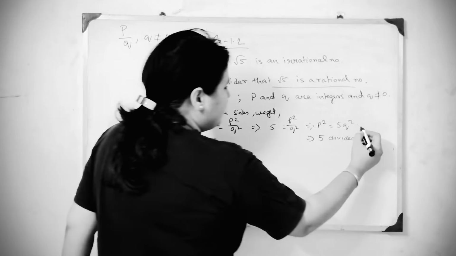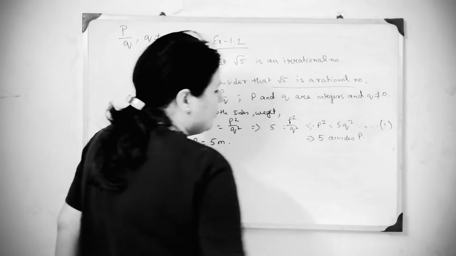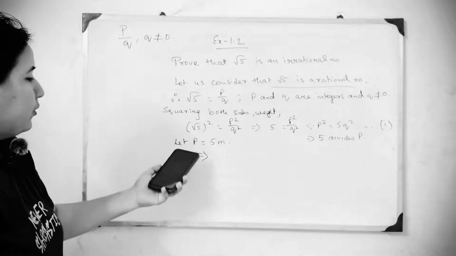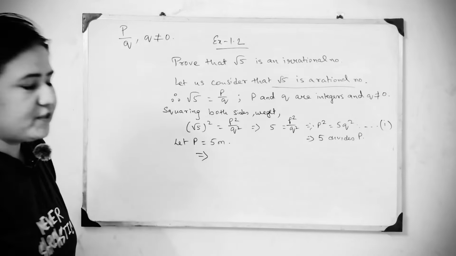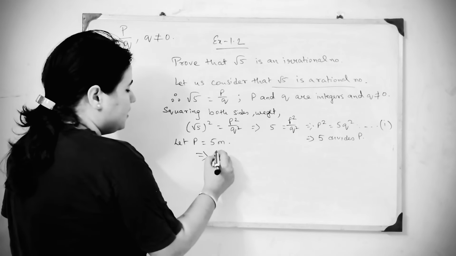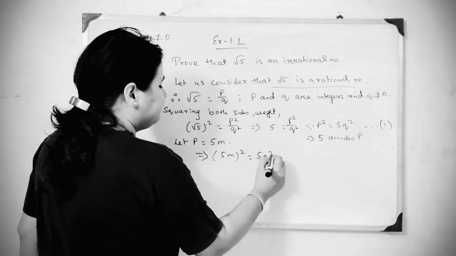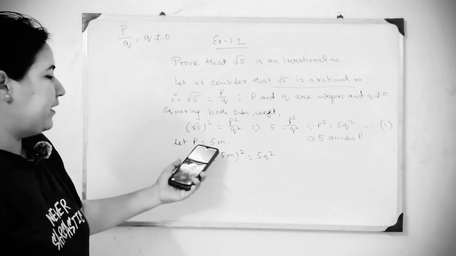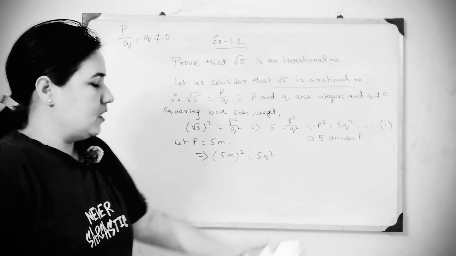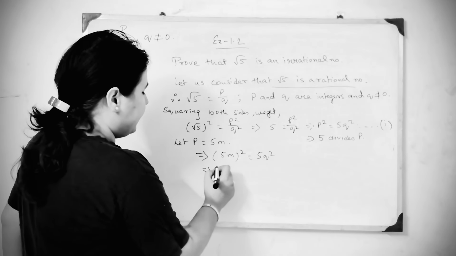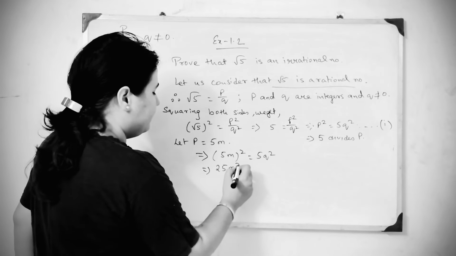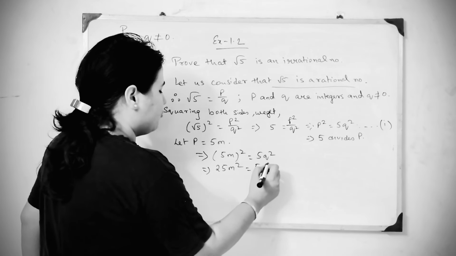Now let us consider this as equation 1. So putting the value of p in equation 1, we get 5m whole square equals 5q square, because I'm just putting the value of p in equation 1. Now let us see. Here I can write it as 25m square equals 5q square.